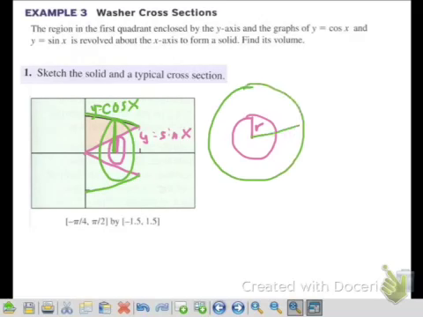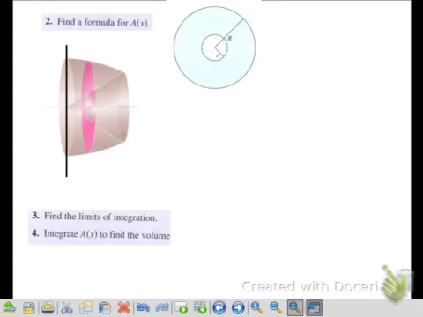And so its radius will be the big R. Notice that the big R then is going to be cosine of x, and our smaller r is sine of x. So as we look at the way that these washers are growing, each washer is slicing the x-axis, which means these are small changes in x, which means we need to do everything in terms of x.